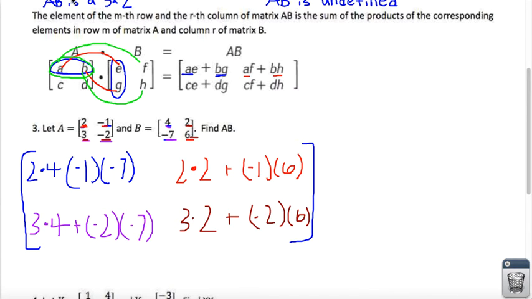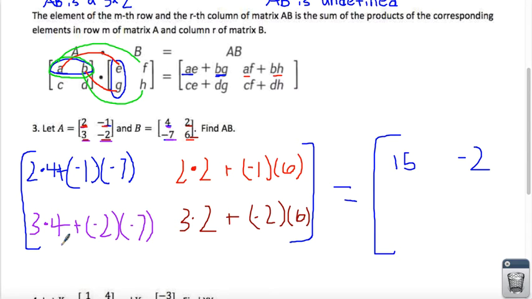So my resulting matrix is, 2 times 4 is 8, and then -7 times -1 is +7, so that's 8 plus 7 is 15. And 2 times 2 is 4, and then minus 6, that gives us -2.